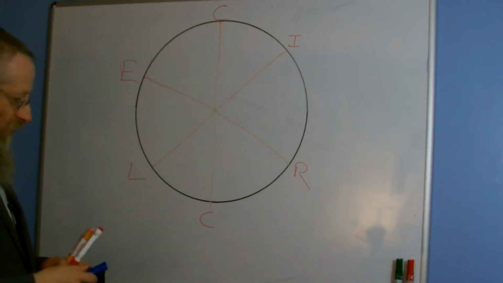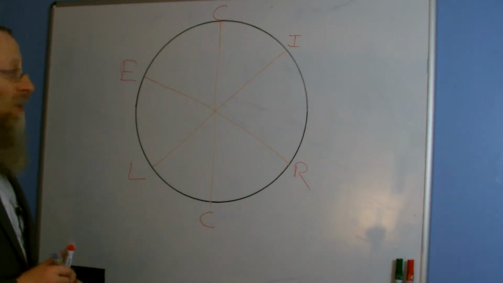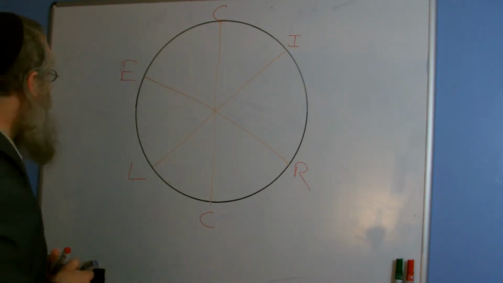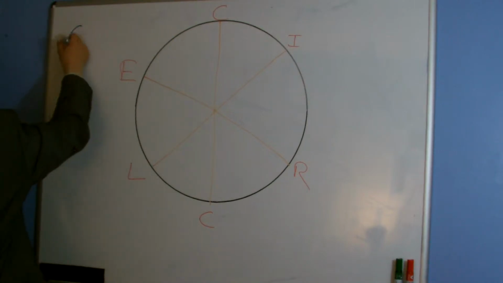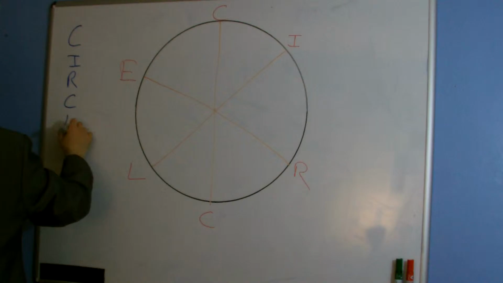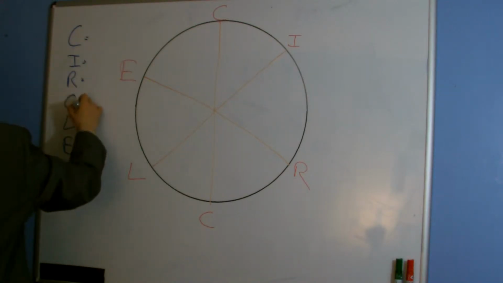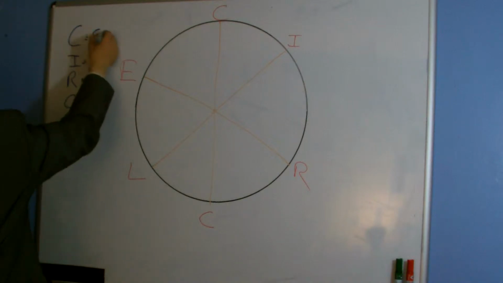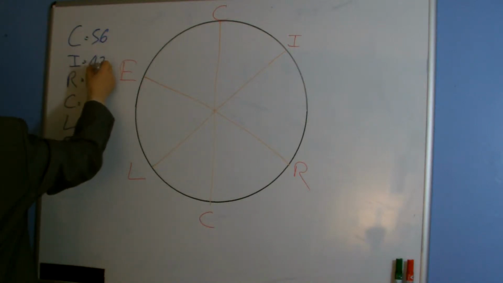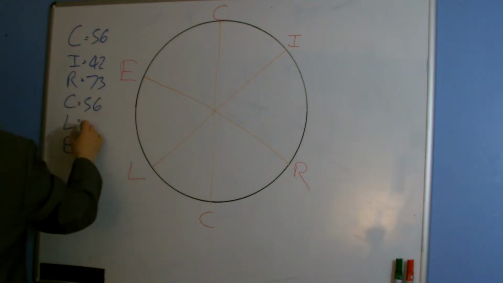First, which I forgot to show you, is that we're going to find the large value of the word circle. So let me do that here. C-I-R-C-L-E. C is 56. I is 42. R is 73. C is 56.